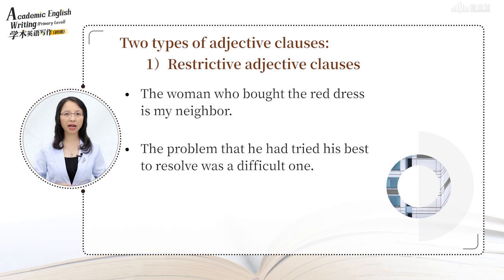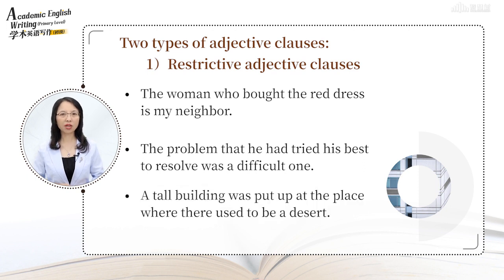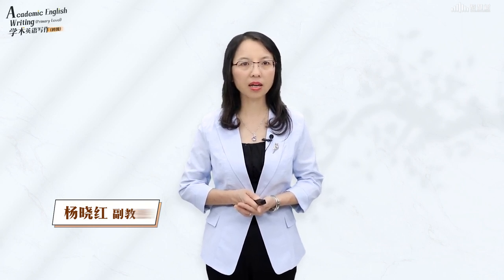The problem that he had tried his best to resolve was a difficult one. A tall building was put up at the place where there used to be a desert. The underlined parts in the three examples are essential for us to understand the meaning of the sentences. If they are omitted, the sentences are harder to understand or even make no sense.